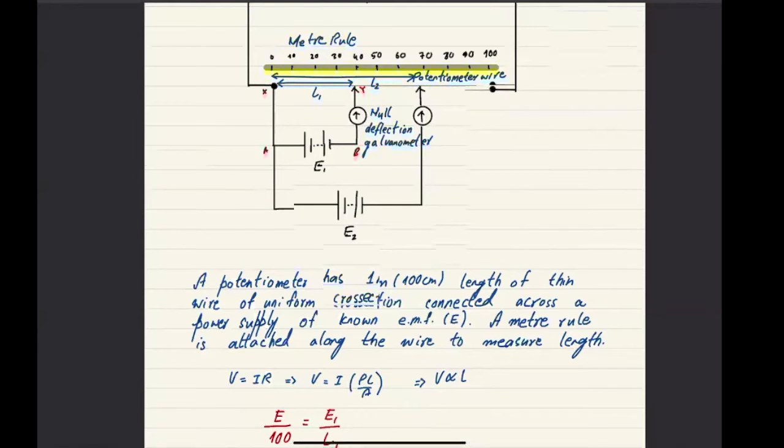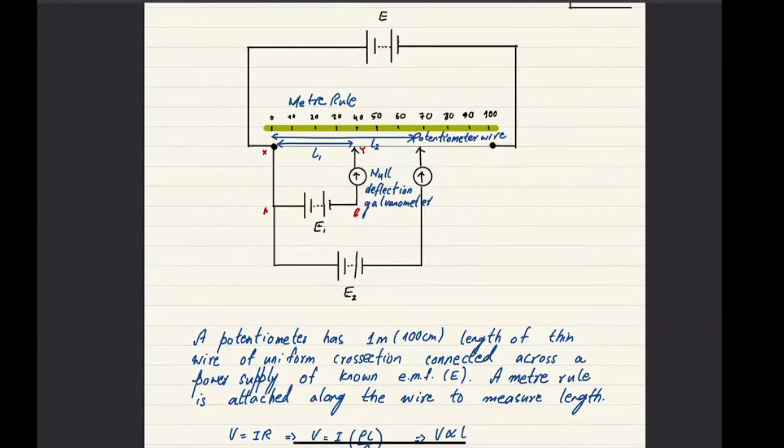So if I know the overall EMF, then I can use the ratio formula to get the voltage across any length of the wire. So I can get a formula saying that E upon 100 is equal to V upon L.